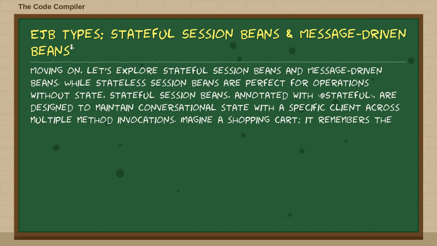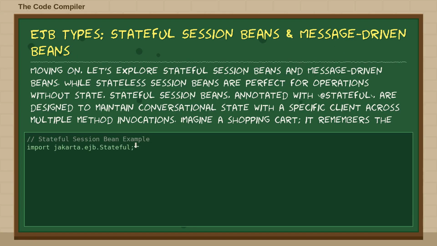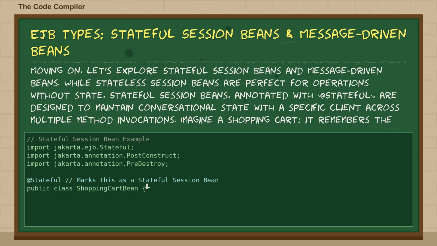When a message arrives in a queue or topic, the MDB instance processes it, decoupling the sender from the receiver. This is crucial for building resilient, loosely coupled, and scalable enterprise applications, especially when integrating with other systems or handling long-running background tasks. Here is how you annotate them.